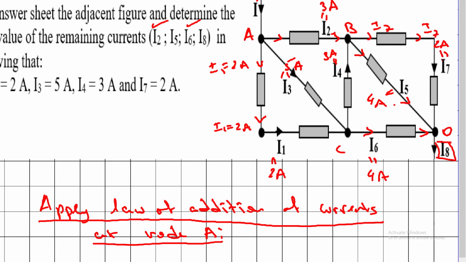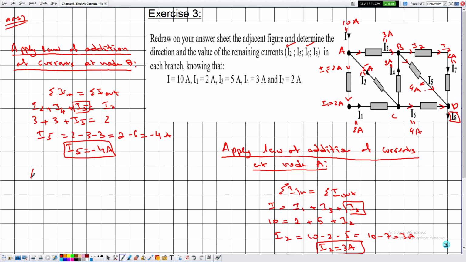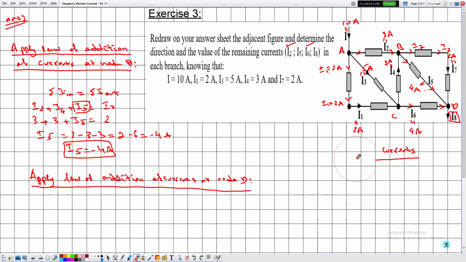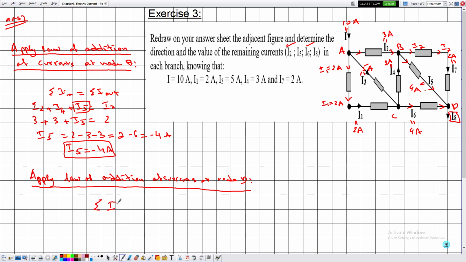Now finally we can determine the value of the current I8 by applying the law of addition of currents at node D. This is the node D. And in this case, they already gave me the direction of I8 at D, which is out of the node, so no need to specify and interpret.